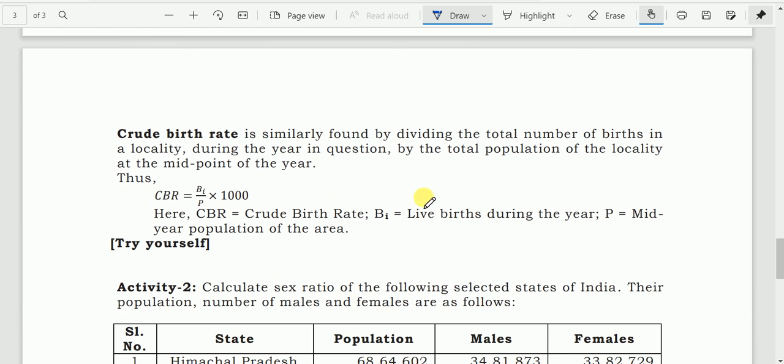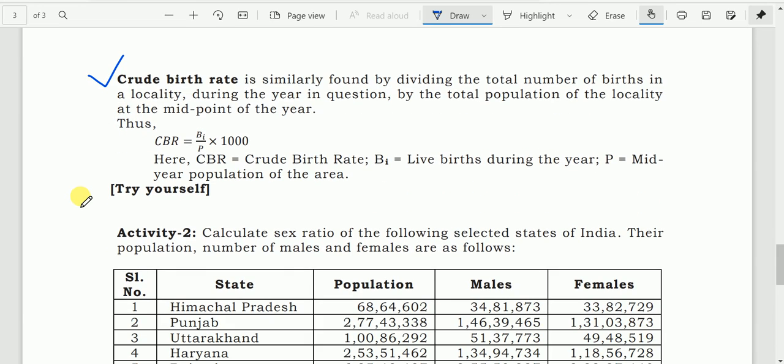Okay, then like that we can also find out the crude birth rate. See, it is found by dividing the total number of births in the locality during the year in question by the total population of the locality at the midpoint of the year. And the formula is given here as given in your textbook.